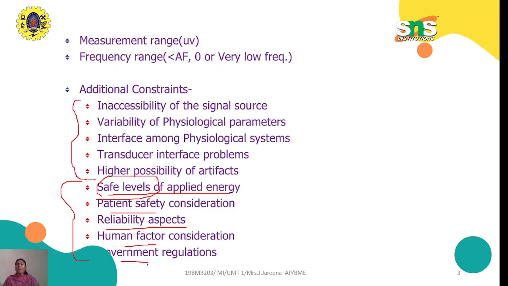Third one is government regulation. Any device, component or product you like to make or design has to comply with some regulations or standards, so that it gets approval and we can make our product ready for market sale. This is not only for a normal component or product.